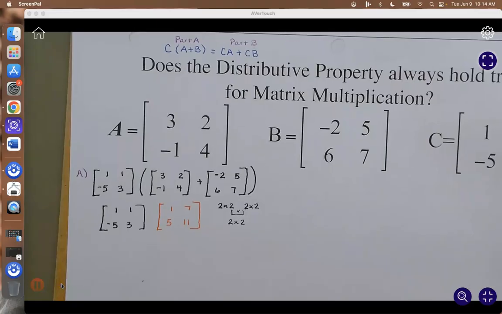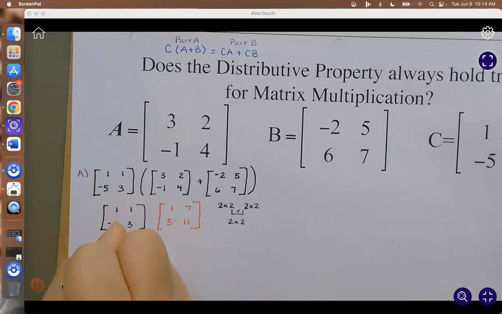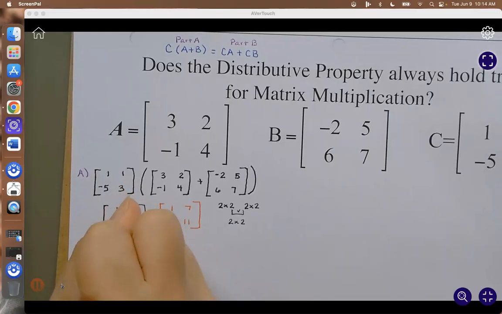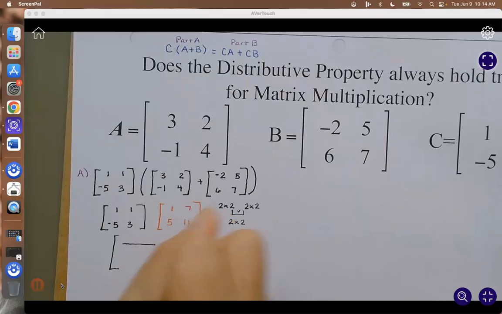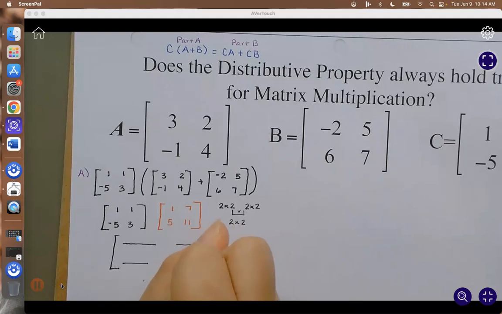Okay? So what we're going to do here is we're going to make this 1, 2, 1, 2. Make these lines a little bit longer.